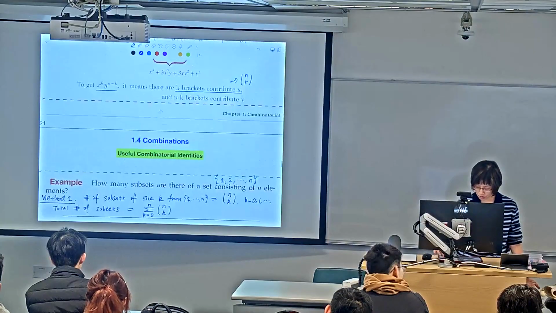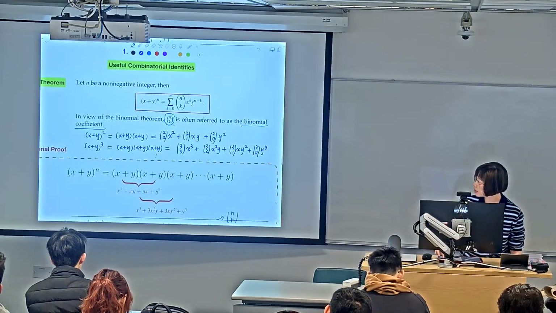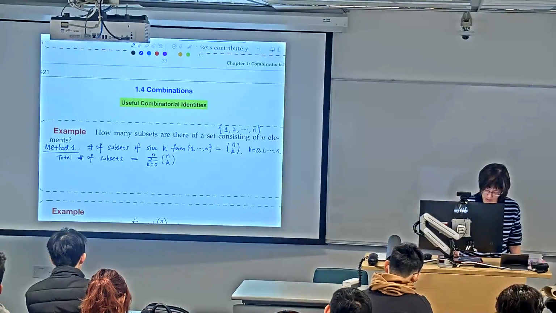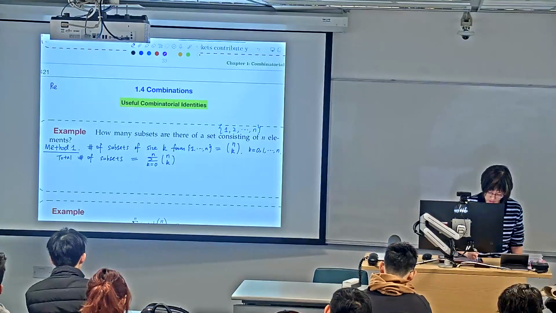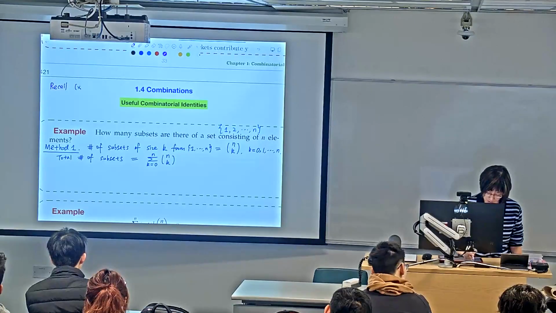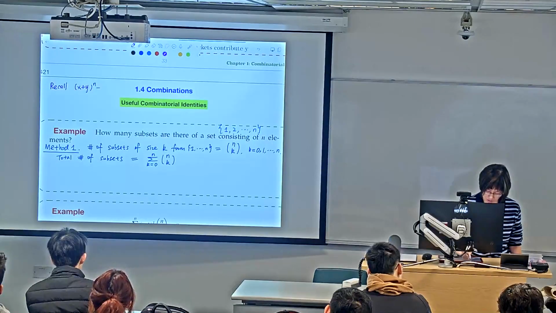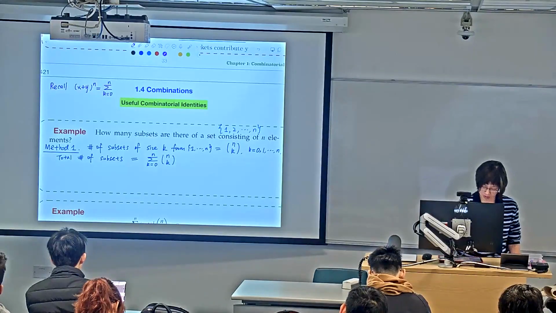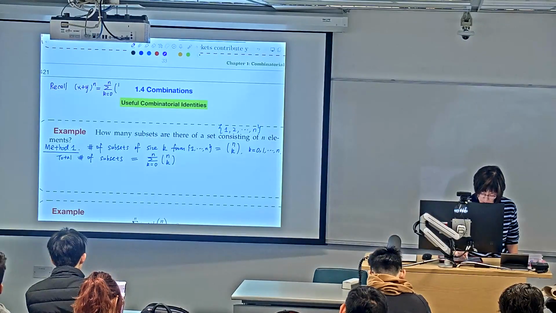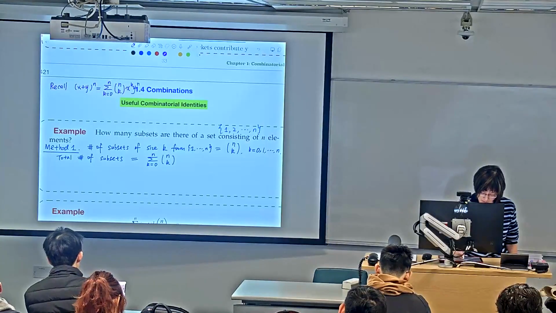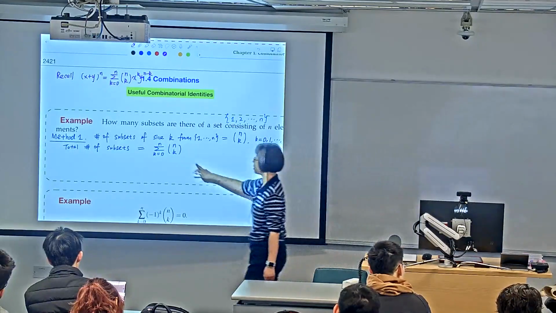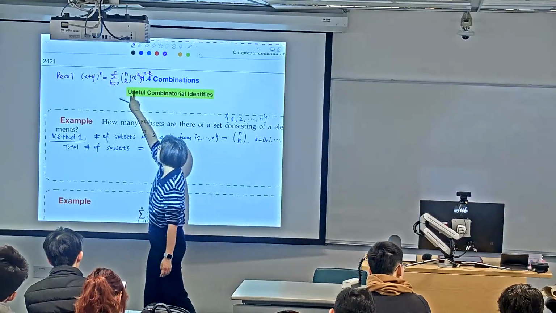And then this looks familiar if you compare with the binomial theorem. So maybe I just write down here. This binomial theorem that you have, x plus y to the power n, is the sum, also k from 0 to n, n choose k, x to the k, y to the n minus k. So the right-hand side is already similar to the sum of n choose k.